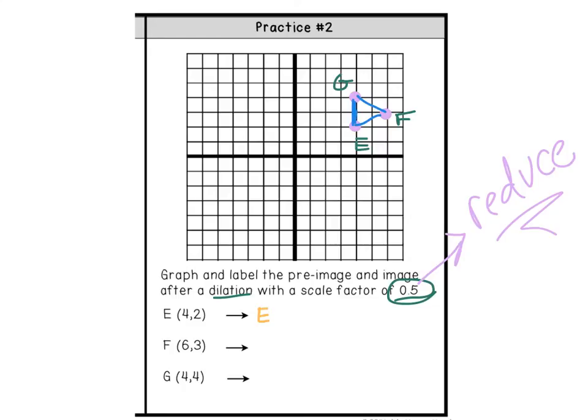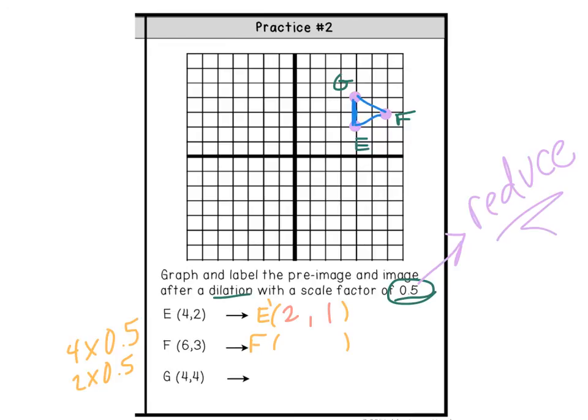Okay, our scale factor is half. So we can do 4 times 0.5 if you needed to do that in a calculator. But we could do this, half of 4. 4 times a half becomes 2. And then 2 times 0.5, half of 2 is 1. And that's for E prime. And let's do F prime.